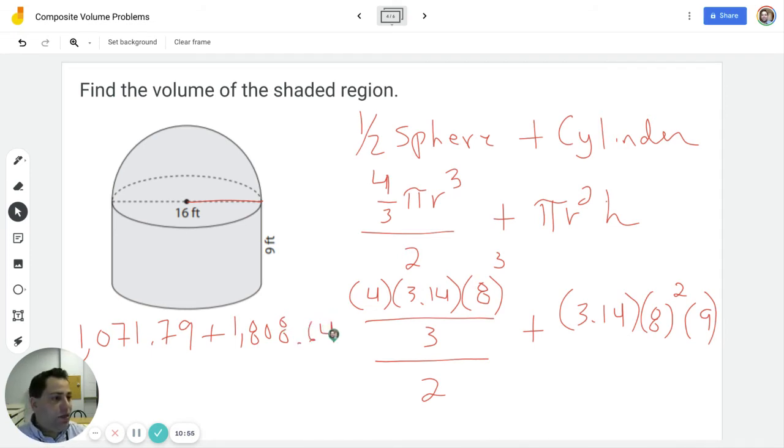And then if I add those two numbers up, I get 2,880.43. And it's going to be feet cubed.